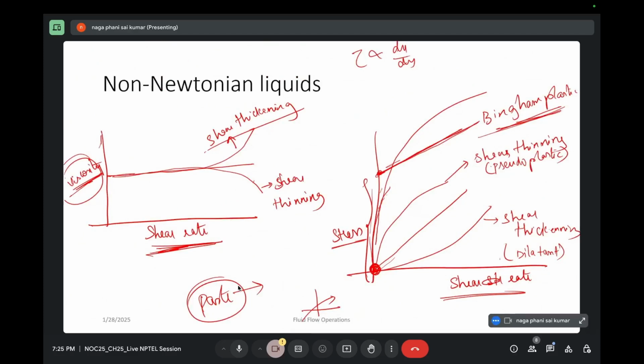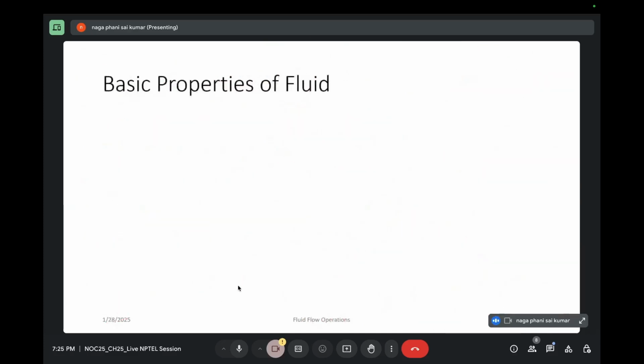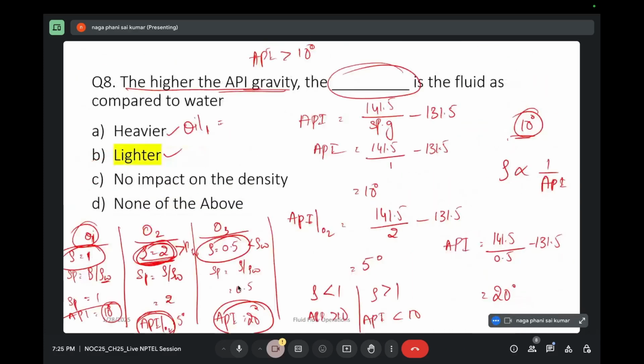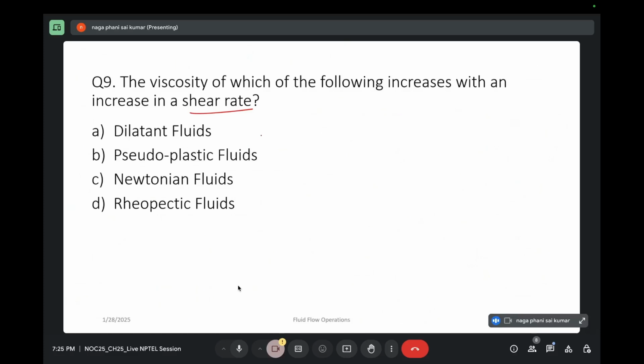This is the question: viscosity of which of the following increases with increasing shear rate? So viscosity should increase with increasing shear rate. Those types of liquids are called dilatant, pseudoplastic, Bingham or rheopectic liquids.